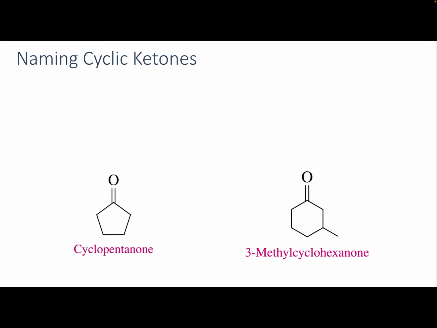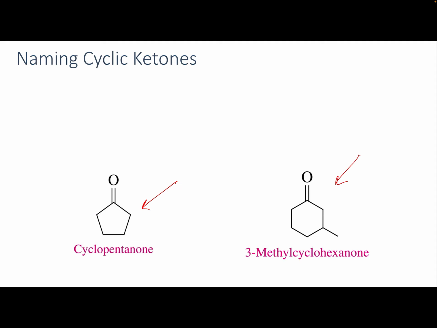Okay. Cyclic ketones, we use the prefix cyclo, just like we do whenever we're talking about cyclic alkanes. Any substituents located on the ring just get numbered, starting with the carbonyl carbon as number 1, and then the ring is numbered in the direction that gives the lowest number to any substituents. So here we have cyclopentanone, because there's 5 carbons and it's a cyclic compound.